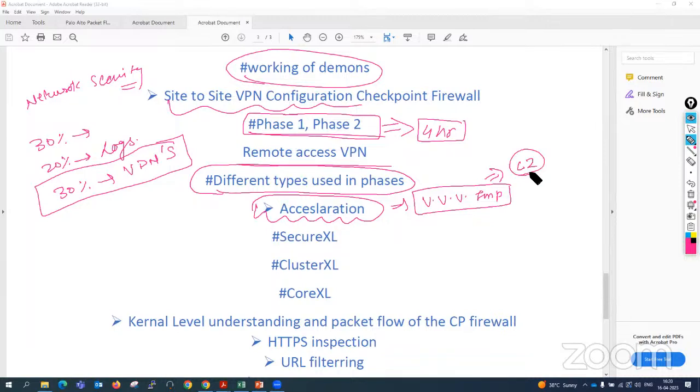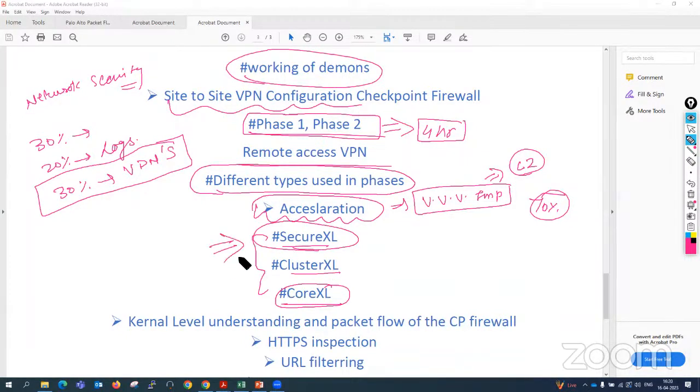If you are going for a level 2 plus or level 3 interview, there are 70% chances that SecureXL, ClusterXL and CoreXL will be asked, and there will be a good discussion on these technologies. Even whenever I sit on the interview panel of any company, I always ask questions on CoreXL and SecureXL, because these are very important topics and play a very crucial role in your day-to-day operations.